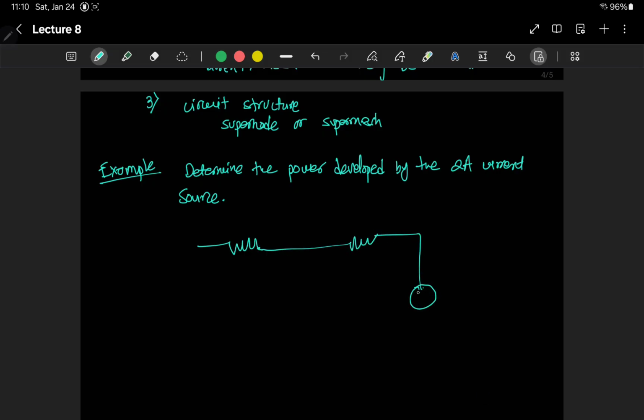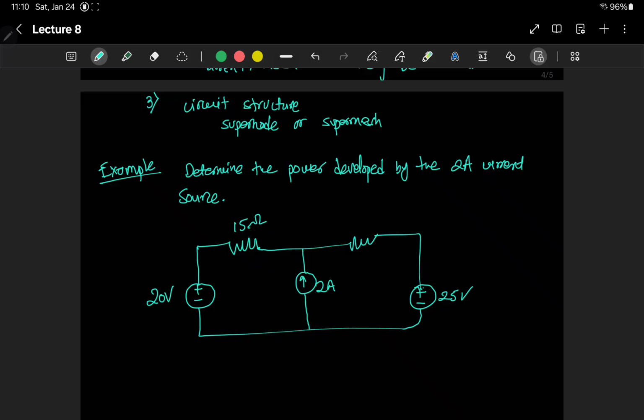We have a voltage source of 25 volts, another voltage source of 20 volts, and a constant current source which gives 2 amperes. The resistors are 15 ohm and 10 ohm. So the question is, which method would be most efficient?